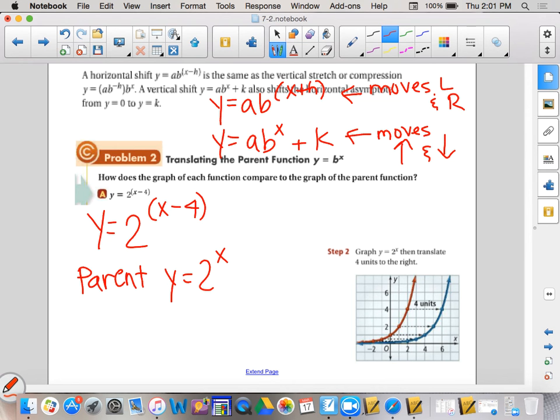What's left over? My minus 4 up there, right? So something's going to move. Which way? Is it going to go left or is it going to go right? Right. Remember when we talked about that, everything in parentheses always goes opposite. So this graph is going to go right 4 units.